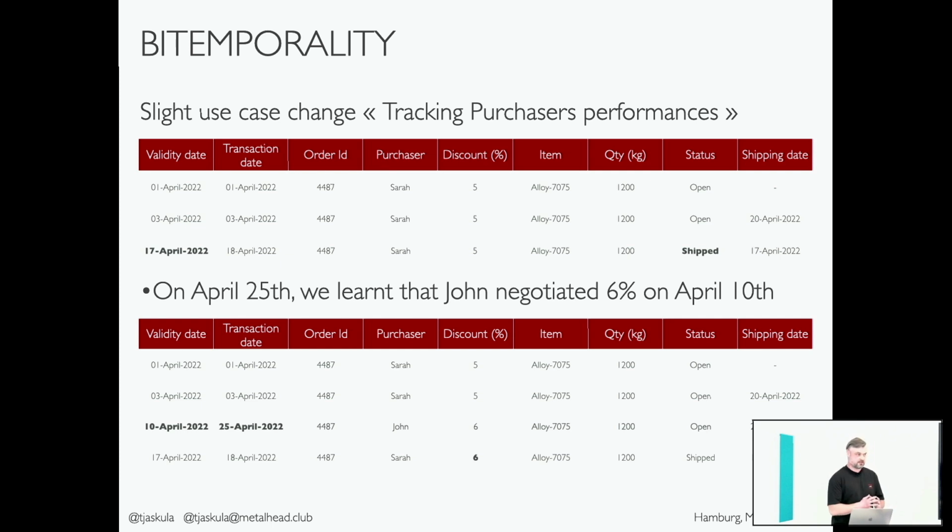So we set on the validity date the date for 10 April. Our temporal system should be able to not only treat this information as simple information that we need to put application logic on to understand what's happening, but it should order it accordingly to what really happened in the system.